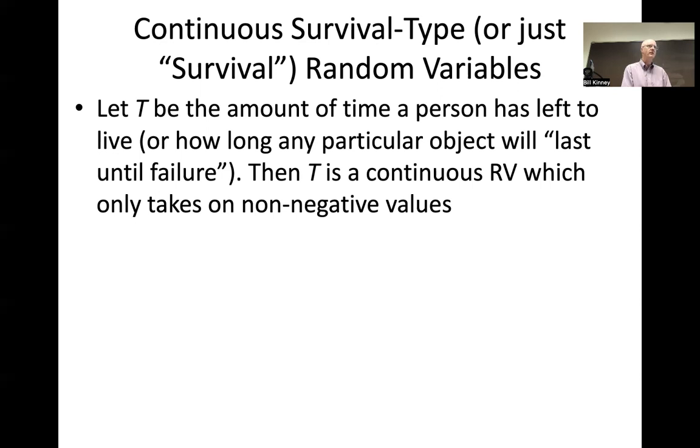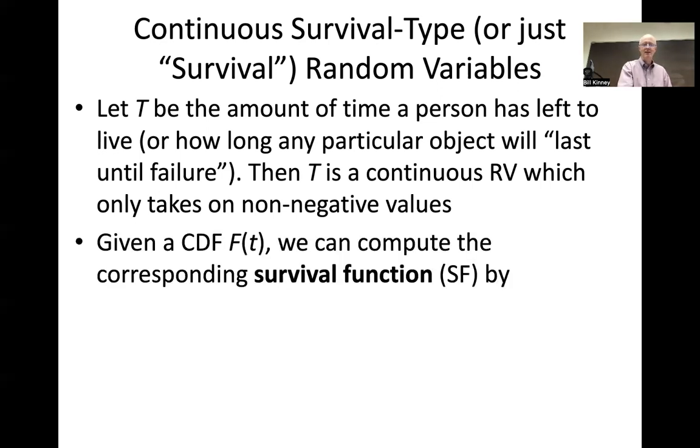There's no probability of living -2 months or even less than -2 months. T has to be positive, or at least non-negative. Maybe you could say something dies right away, so it lives 0 months, but well, okay. Don't worry too much about that.